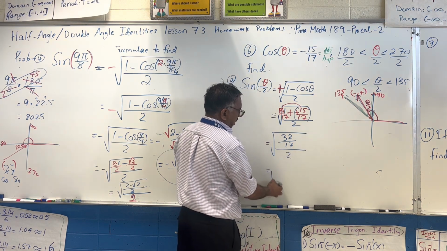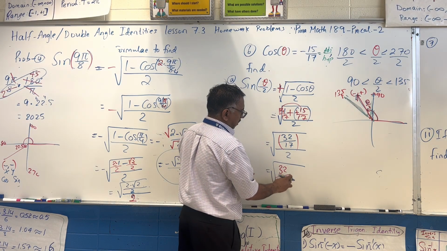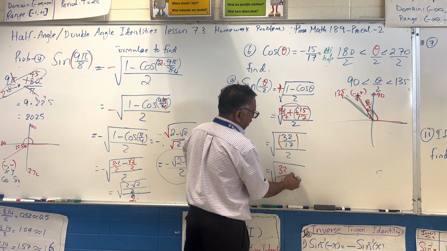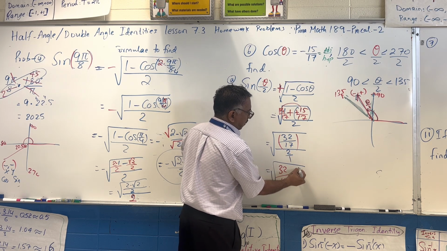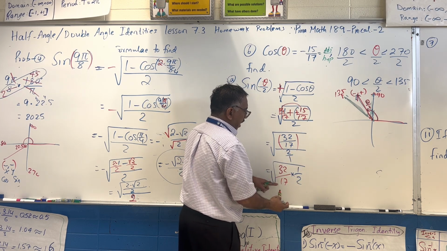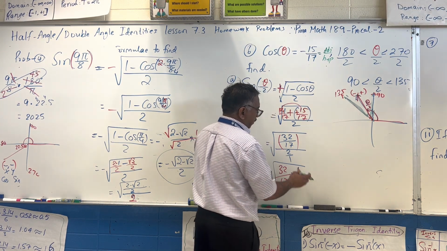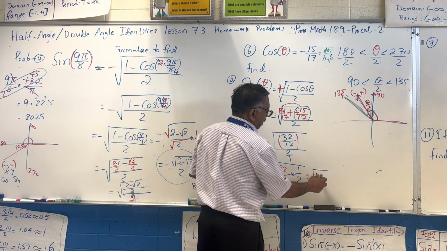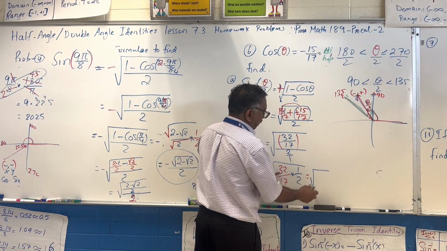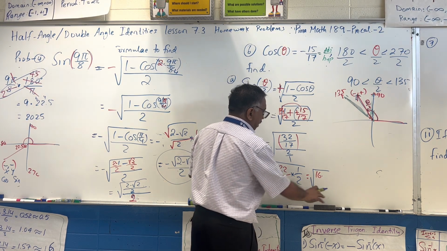Keep this as it is, and then you flip the denominator, 2 over 1, so it becomes 1 over 2. That becomes 34, so your answer is the square root of 32 over 34.